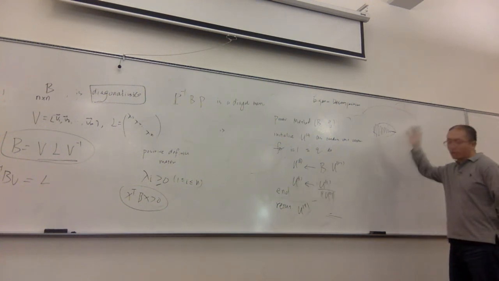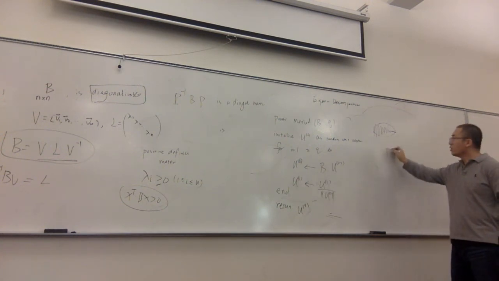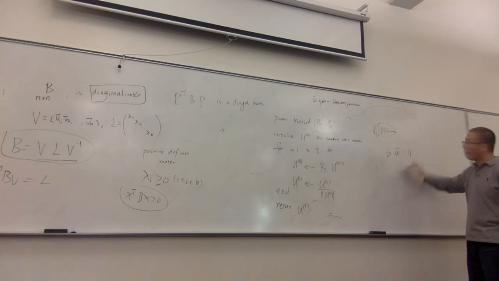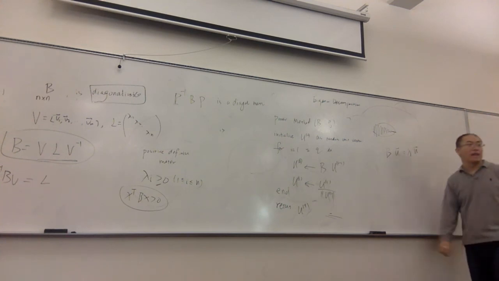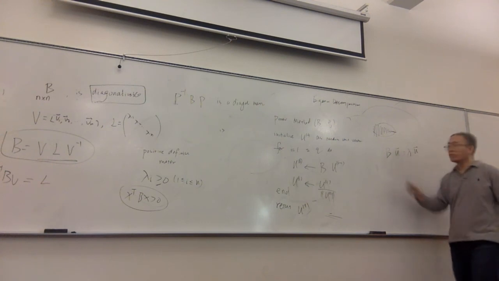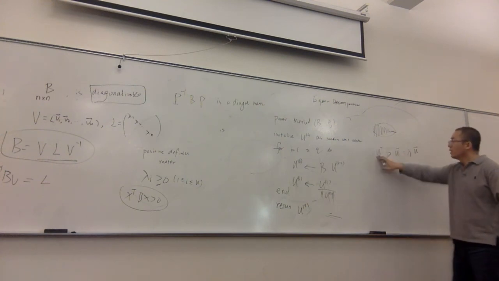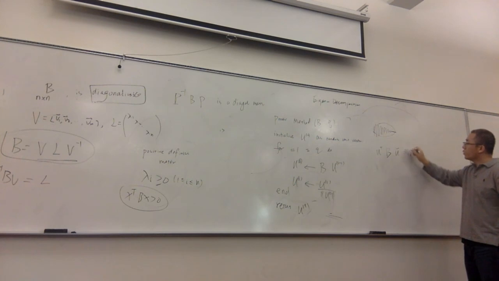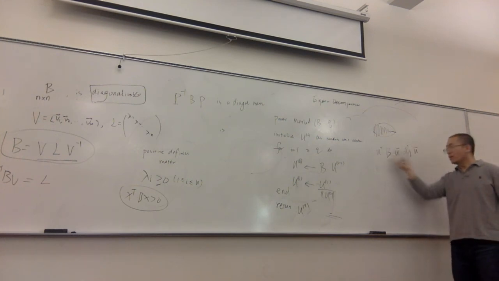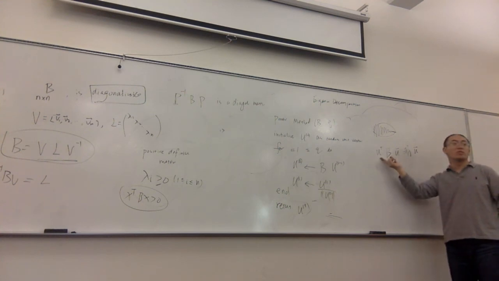For an eigenvector, we have B times this eigenvector equals lambda times the eigenvector. Now you can multiply both sides by u transpose, so you're doing an inner product on both sides with u.